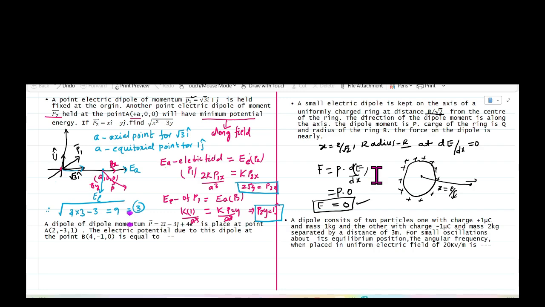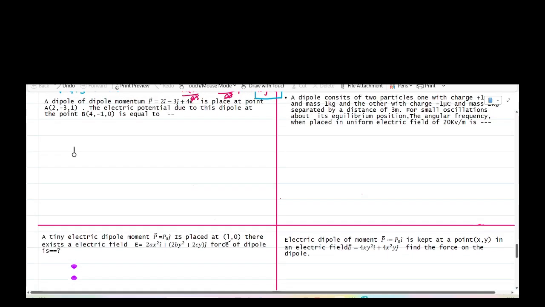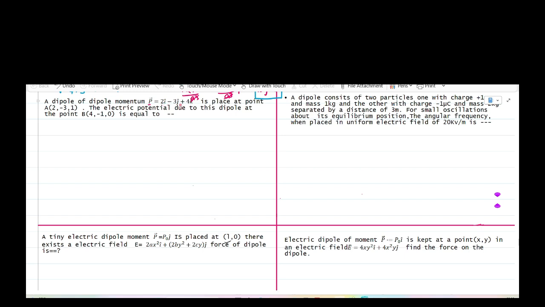Now next model. A dipole of dipole moment P equal to 2i cap minus 3j cap plus 4k cap is placed at a point. Initially the dipole is placed in space at point 1, that is R1. Here P1 is there.